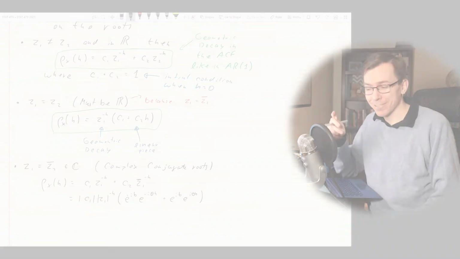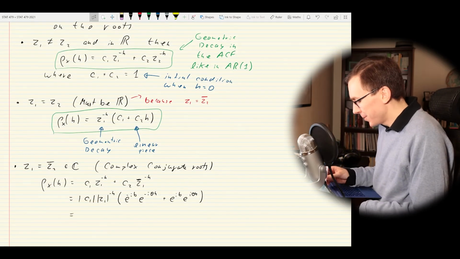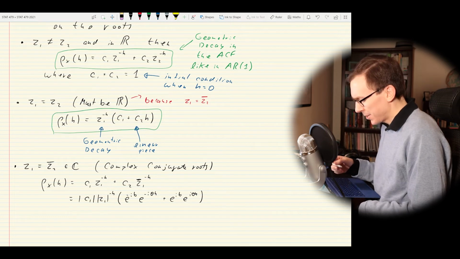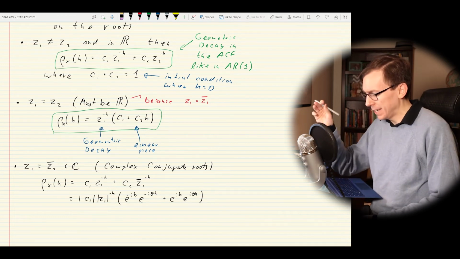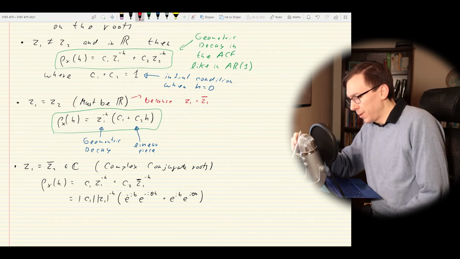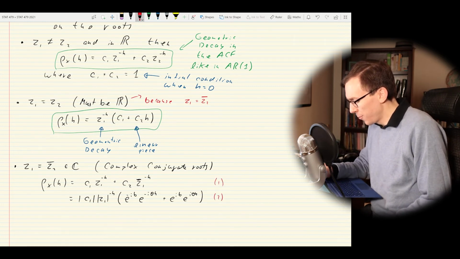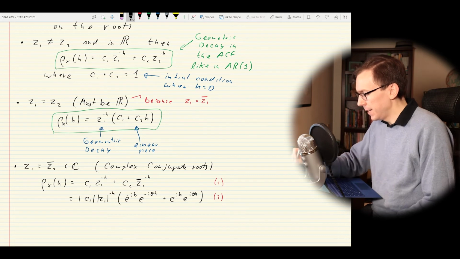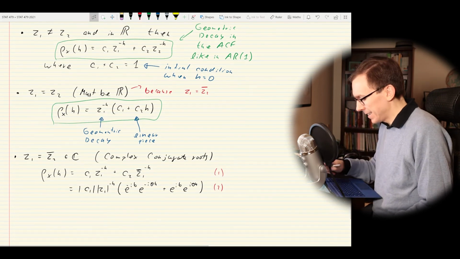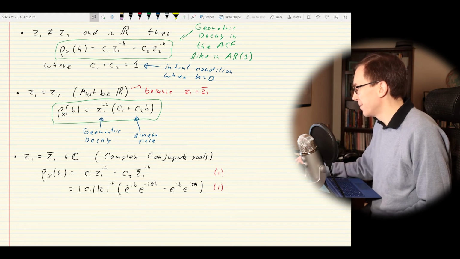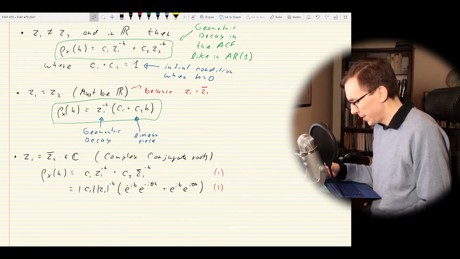So let's do that. All right, so what we're going to do is write this down. Well, actually, why don't we just stare at this for a second? Why does this make sense? Well, what we did to go from line 1 to line 2 here is we noted that we can write Z1 in terms of, let me write that out.